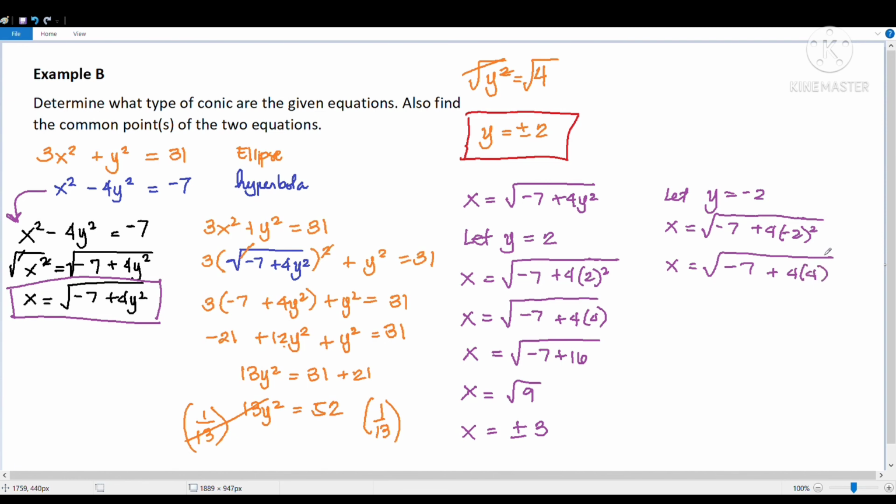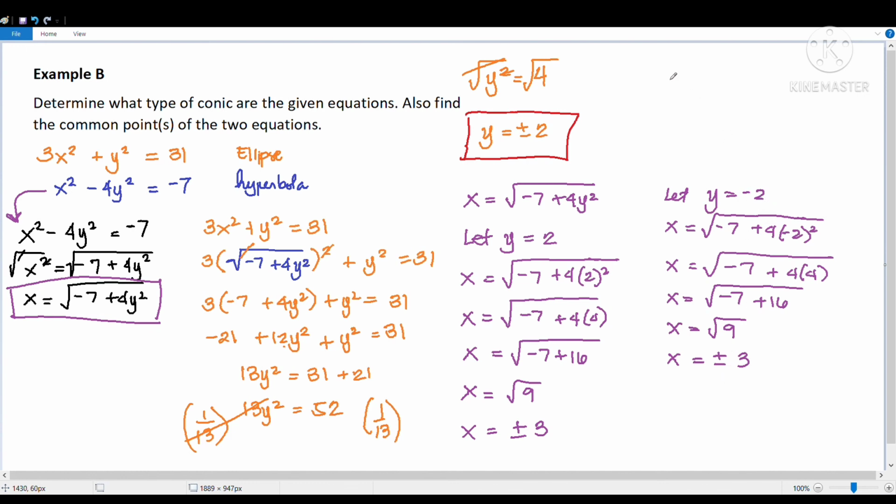That's the second power of negative 2 is positive 4. And therefore we have square root of negative 7 plus 16. And negative 7 plus 16 is positive 9. Square root of 9 is positive and negative 3. Therefore, we have two values of x when y is equal to negative 2.